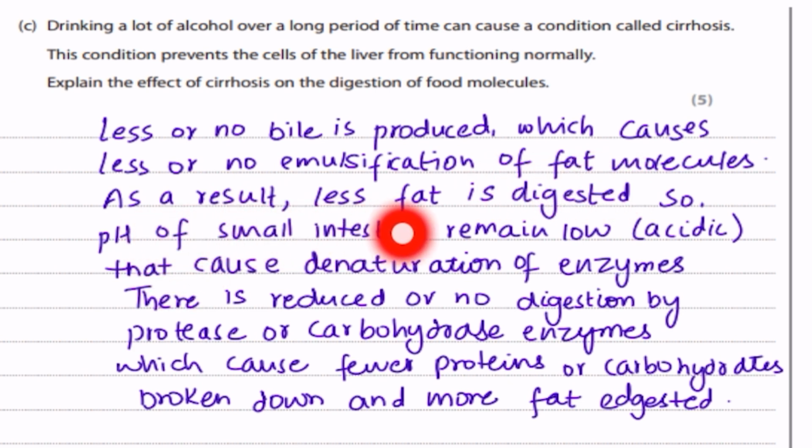As a result, less fat is digested, so the pH of the small intestine remains low or acidic, which causes denaturation of the enzymes. It in turn causes reduced or no digestion by enzymes like protease or carbohydrase, because these enzymes' activity is affected, which causes fewer proteins or carbohydrates to be broken down and more fats to be ingested. This is the effect of cirrhosis on digestion of food molecules.